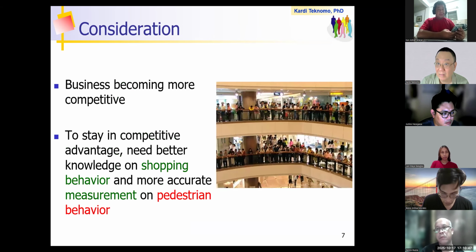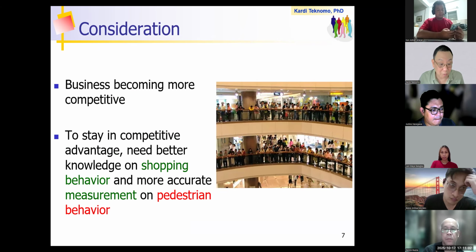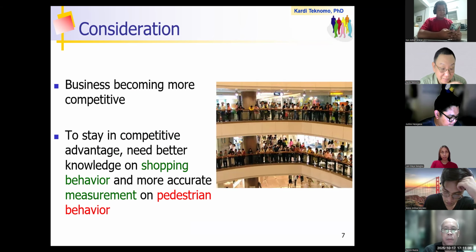Now this is what makes it more interesting. If you do research in urban planning, it's not necessarily only for public infrastructure. It can be inside a supermarket, inside a hypermarket, or inside a mall. As a business becomes more competitive, to stay competitive you need better knowledge about shopping behavior.